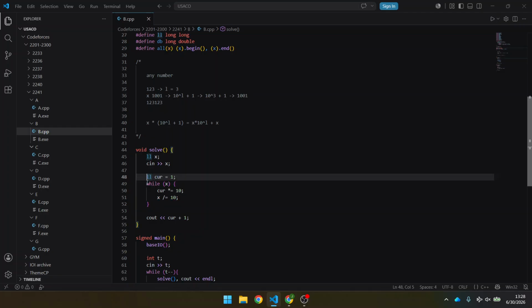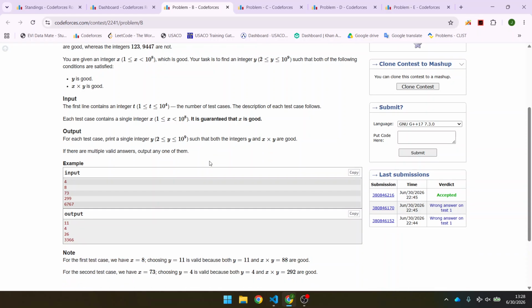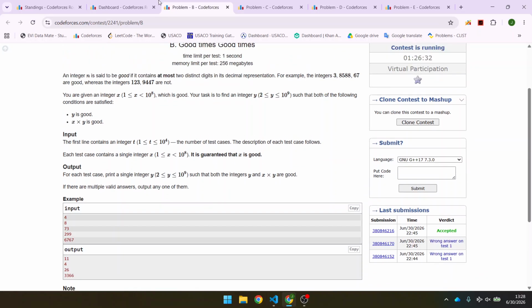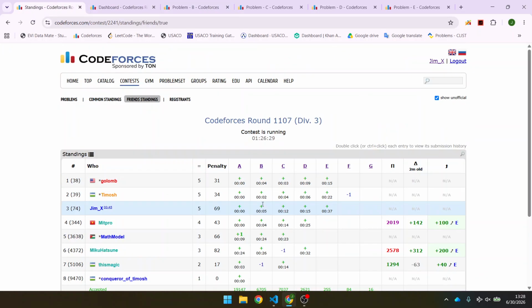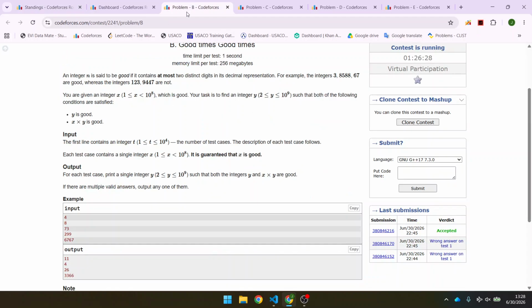This is just what I did. While x, we just do curr times equals 10, and x divided by equals 10. I didn't use L, I just built this 10 to the L instantly using this curr, and output curr plus 1. So yeah, a simple one. I spent a little long on this though. It's correct.